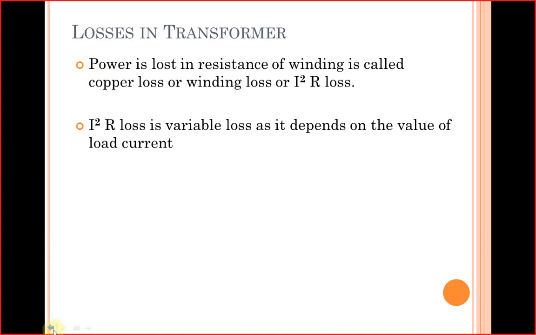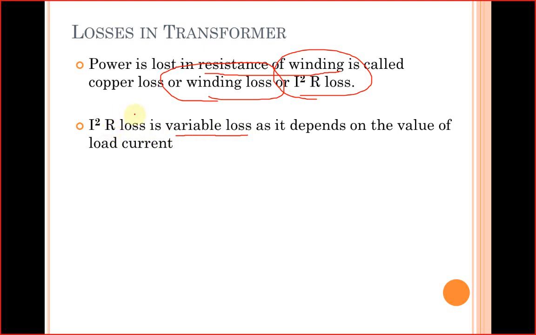Then the second type of losses are the power losses due to resistance of winding. These are called I square R loss or winding loss, because these losses are because of the winding of the transformer. These losses are also variable.